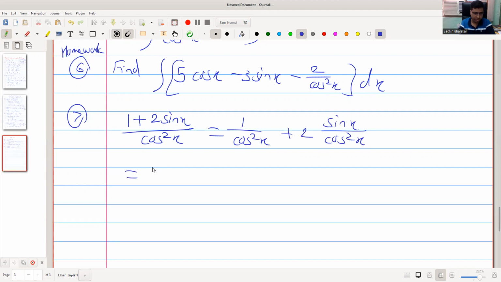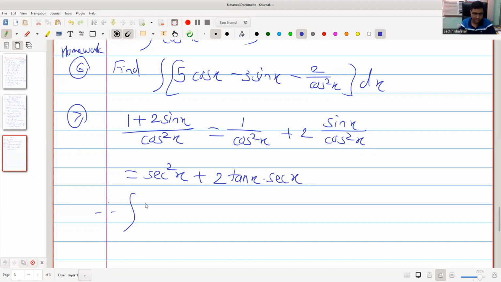Now 1 upon cos squared x is sec squared x, plus 2 times, this we write as sin x upon cos x, with denominator cos x into cos x. So one term is sin x upon cos x, that is tan x, into 1 upon cos x, and 1 upon cos x is sec x. And now we can find the integral easily.